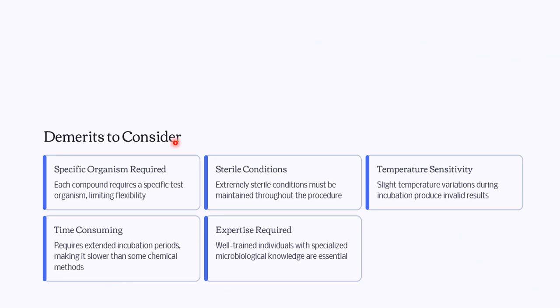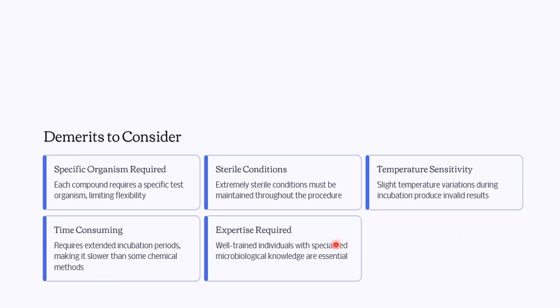The next disadvantage is that slight temperature variations during incubation may change the result. The next is that it requires extended incubation periods, making it slower than some other chemical methods. It also requires well-trained individuals with specialized microbiological knowledge.